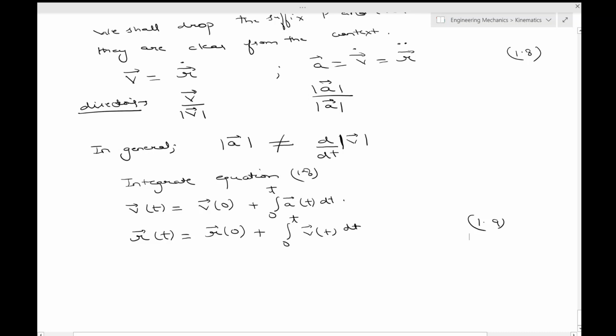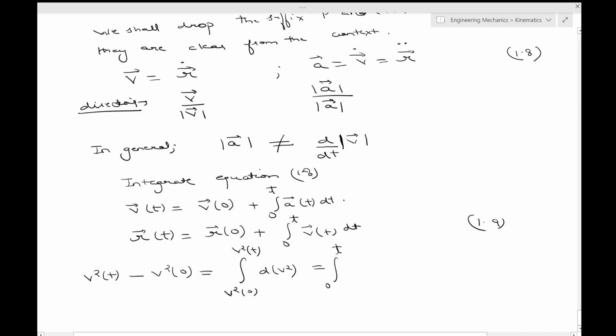From this, we can further derive that v square of t minus v square of 0. When we say 0, it means t equal to 0. This is the integral of d v square between v square of 0 and v square of t, and then you have 0 to time.